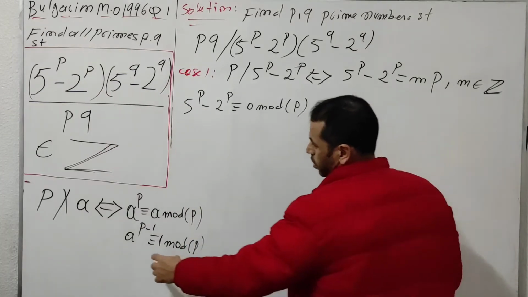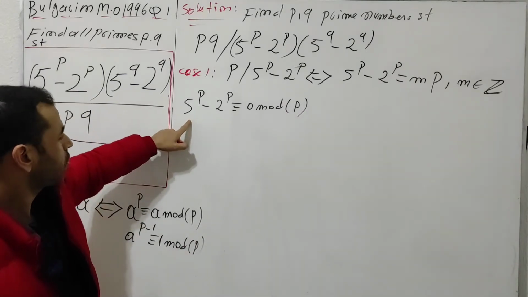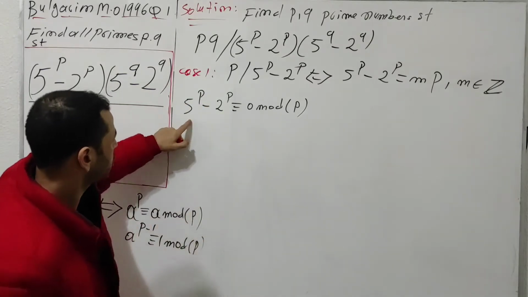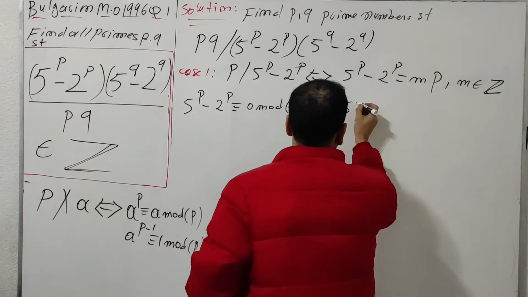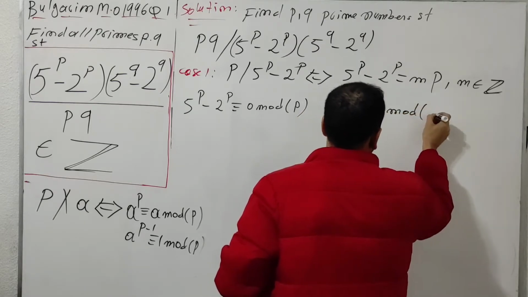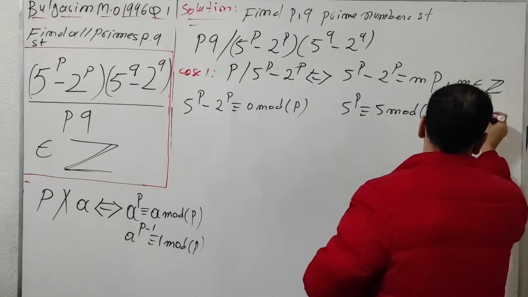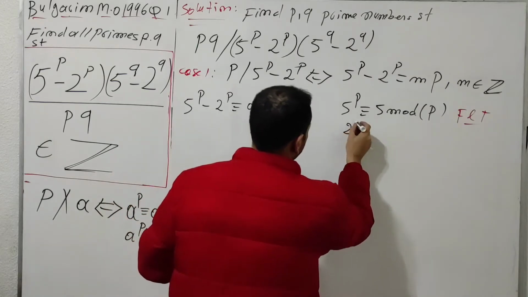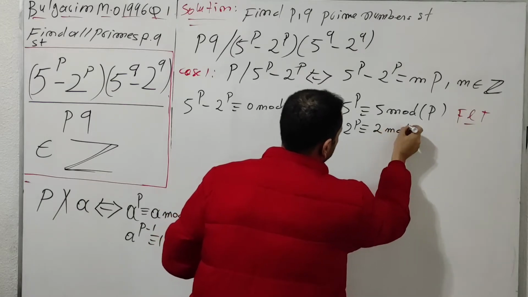Now we are ready to apply Fermat's Theorem. We consider 5 an integer and p a prime. So 5^p is congruent to 5 mod p by Fermat's Theorem. The same thing with 2: 2^p is congruent to 2 mod p.